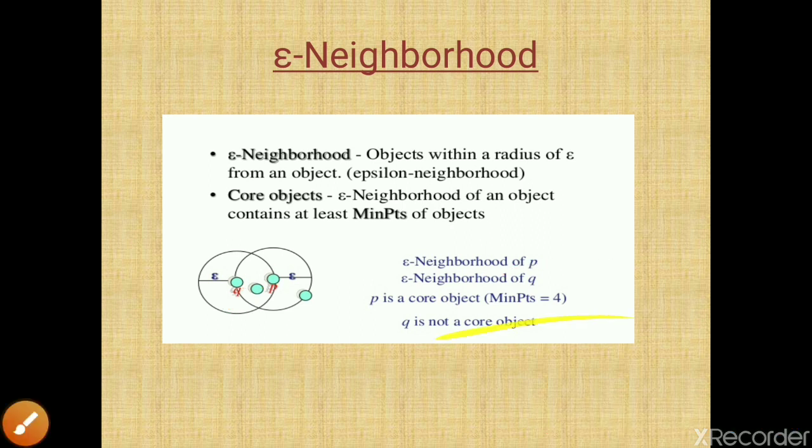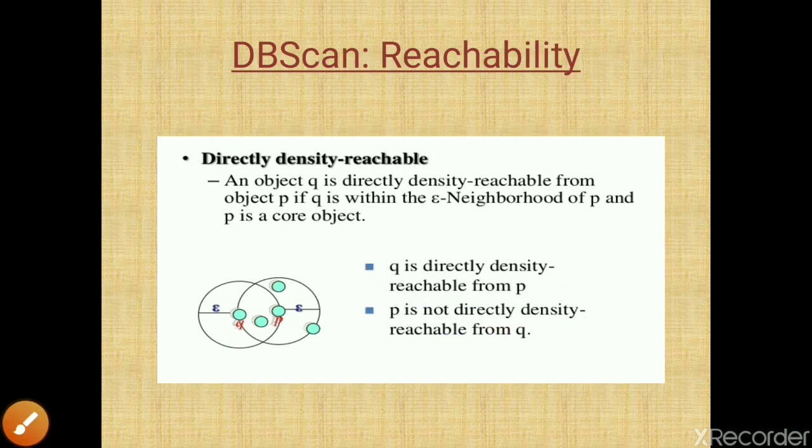Then what is the next concept? DBSCAN reachability. Reachability distance is one important concept of the DBSCAN algorithm. Now what is meant by density reachability? An object Q is directly density reachable from object P if Q is within the epsilon neighborhood of P and P is a core object.